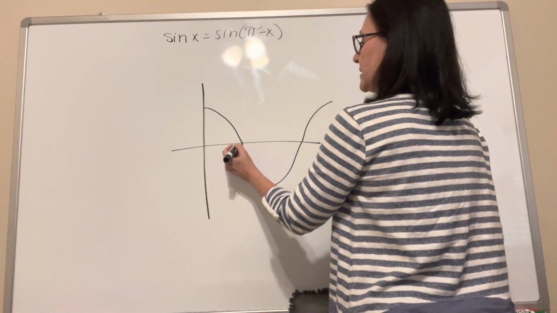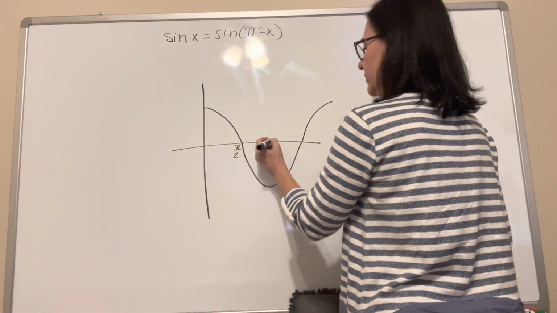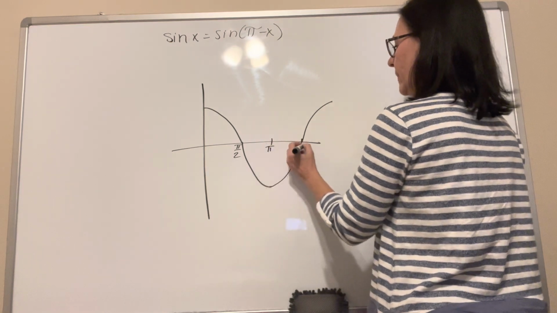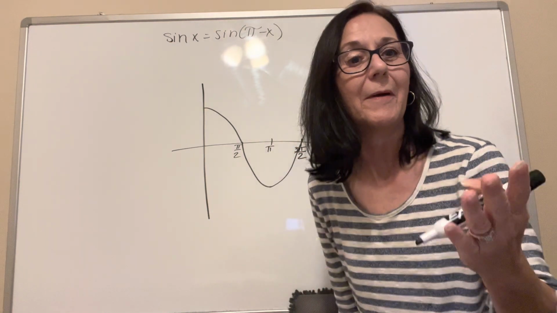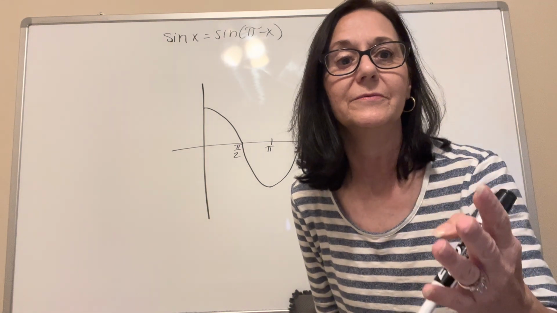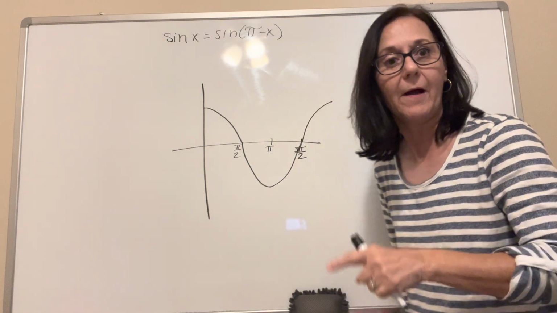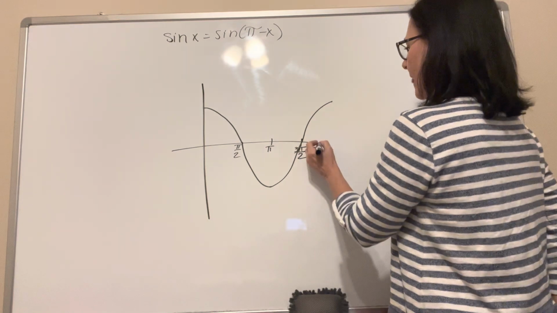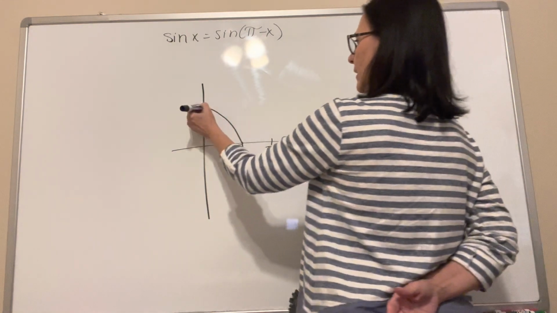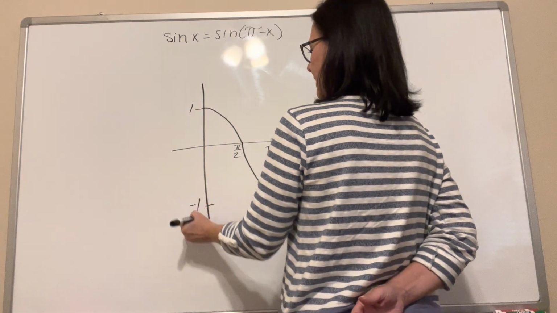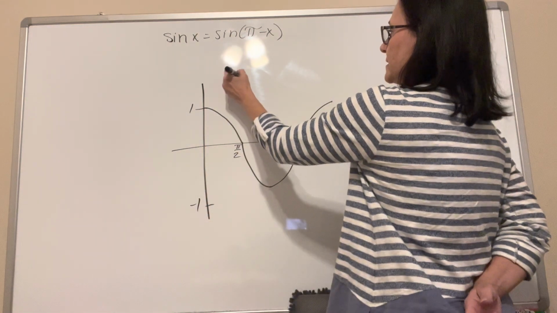All right, so this is pi over 2, this is pi, this is 3 pi over 2, all the way to 2 pi. Go up to 1, down to -1, right? So this is the cosine.